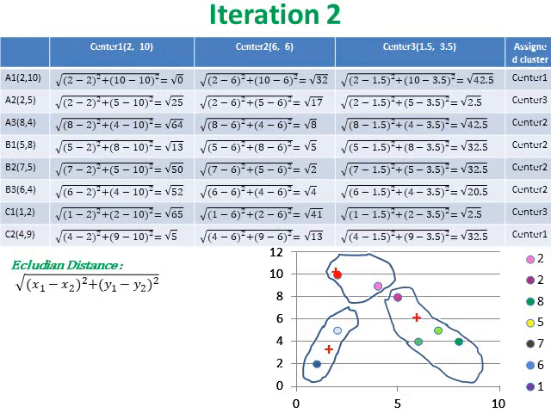Next step is to calculate the mean of each cluster. Cluster 1 has 2 data points. Mean is 3, 9.5. Cluster 2 has 4 data points. Mean is 6.5, 5.25. Cluster 3 has 2 data points. Mean is 1.5, 3.5.